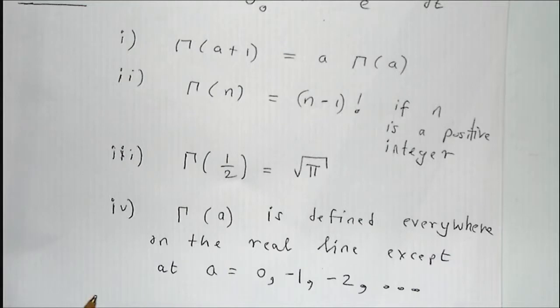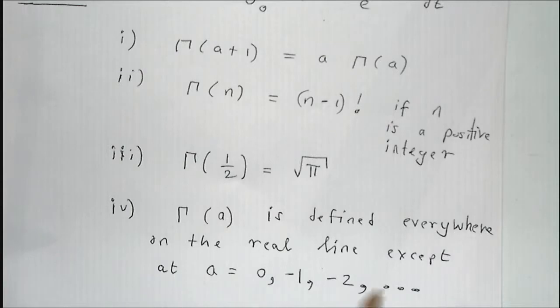The gamma function is defined everywhere on the real line, except at the points 0, -1, -2, etc. In some books I have seen, they said that the gamma function is only defined on the positive real line, which is not true, right? The gamma function is defined in both positive and negative real lines, but excluding these points, right?